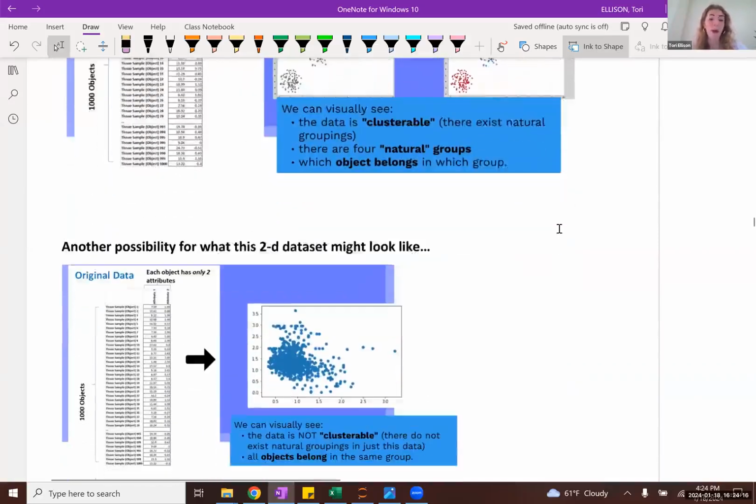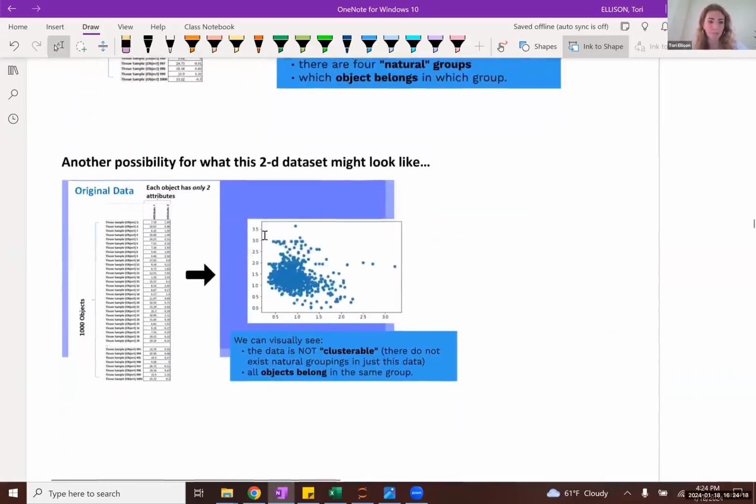On the other hand, it is possible that we have a data set that looks something like this, where it's basically just a blob of points. There's no meaningful separation in the points, and so we call this an unclusterable data set.